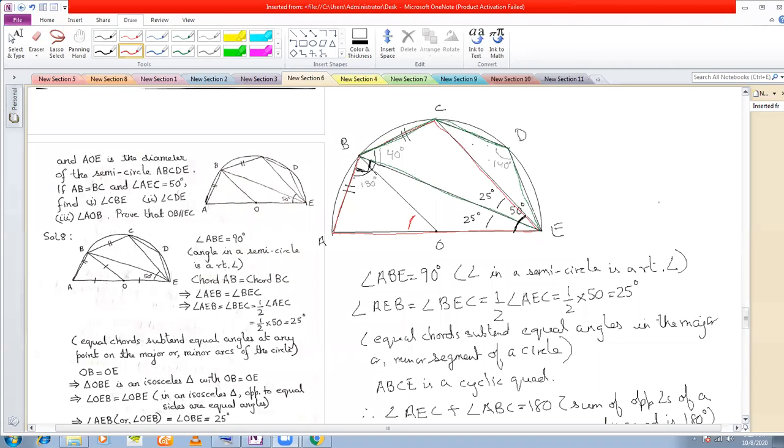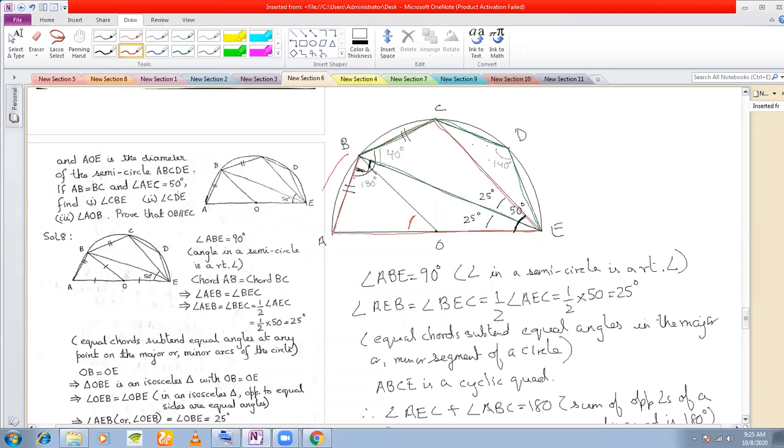Is it in any way related to a cyclic quadrilateral, this angle? See, this angle is at the center, subtended by this arc AB. This arc AB subtends this red angle at the center. And what is the angle subtended by the same arc on the circumference? This one, 25 degrees.